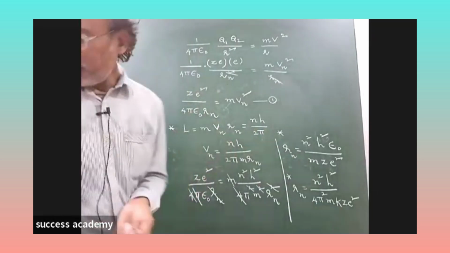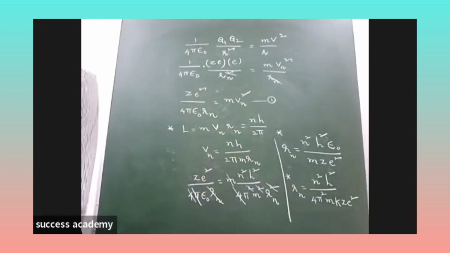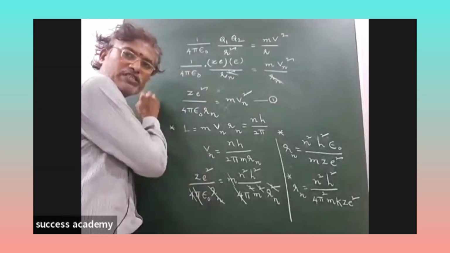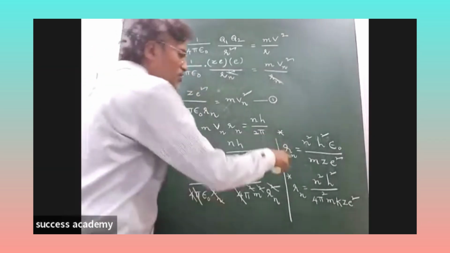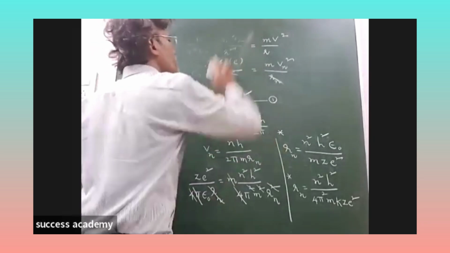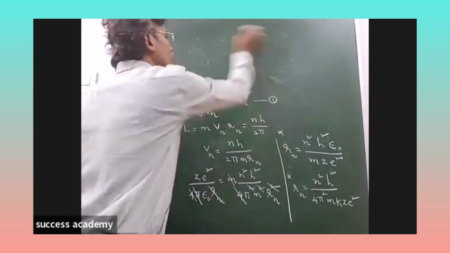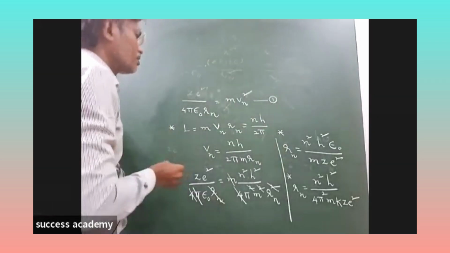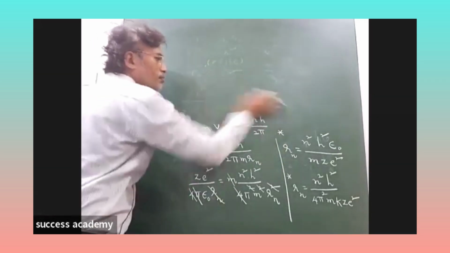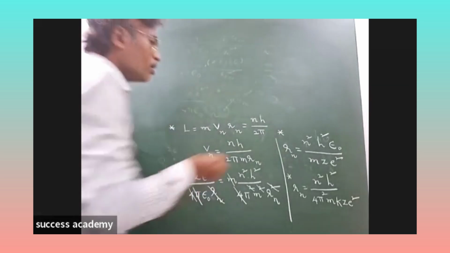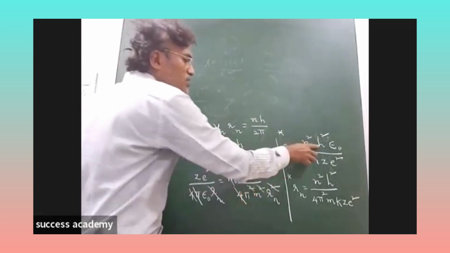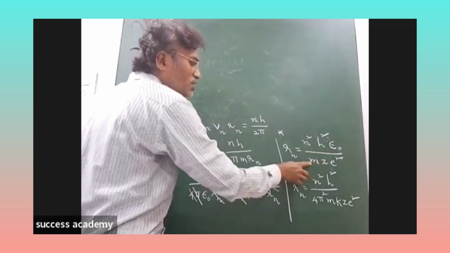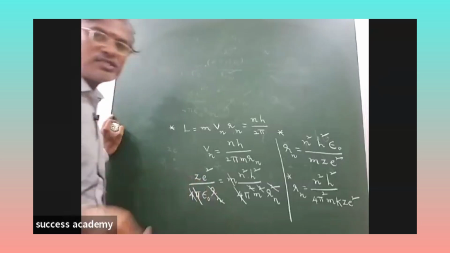From this, I'm taking one specified formula. Here h is the Planck's constant, epsilon naught also constant, m is the mass of electron, that is constant, E is the charge of electron, that also constant.